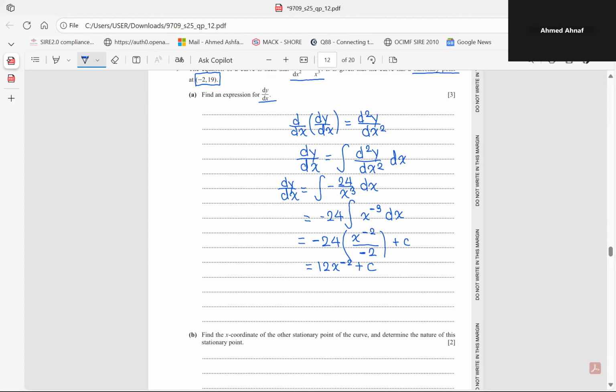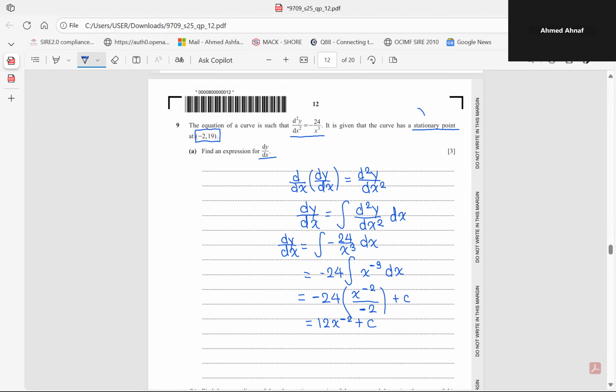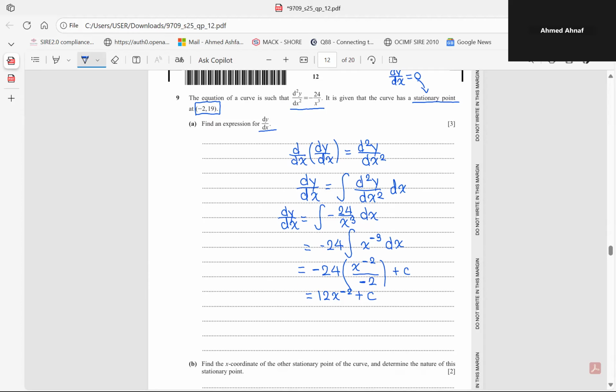And now to find c, we're going to make use of this piece of info, stationary point at this exact point. So we know at the stationary point, dy/dx will be equal to 0, since the tangent at that point will have gradient 0. It will be horizontal. So we can substitute x equals -2 because the x coordinate is -2, and dy/dx equals 0.